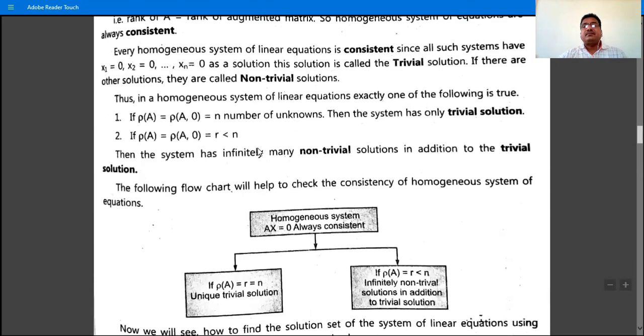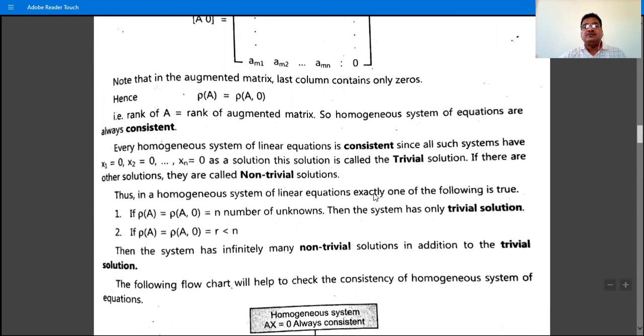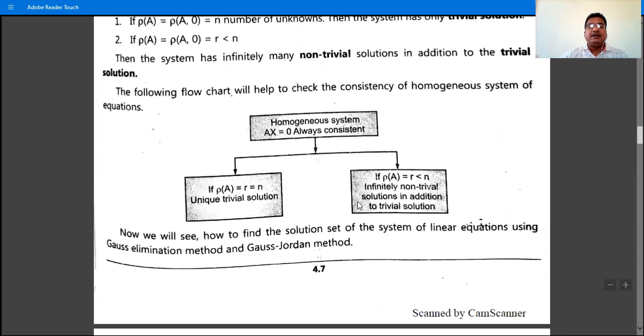That is, in the case of a non-homogeneous system, the number of solutions is either 0, 1, or infinitely many. But in the case of a homogeneous system, the system has either one solution or infinitely many solutions, because the homogeneous system is always consistent. Every homogeneous system has at least one solution.